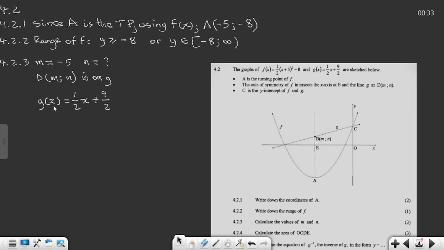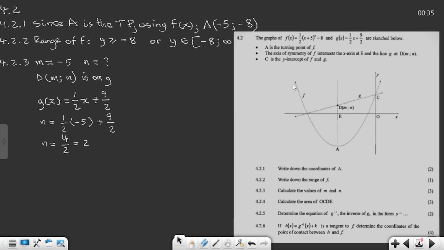So g of x is equal to 1 over 2 x plus 9 over 2. And g of x is your y. And you know your y is the second coordinate, which is n. So we can say n is equal to 1 over 2 times your x, plus 9 over 2. So n is equal to 4 over 2, and this is equal to 2. Okay. Now let's move on to the next question.